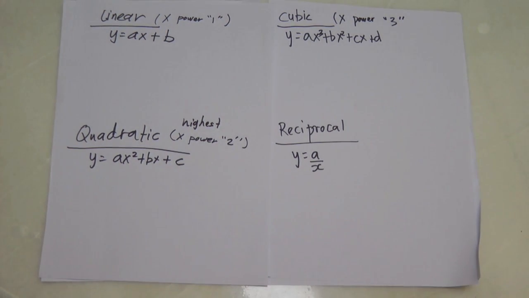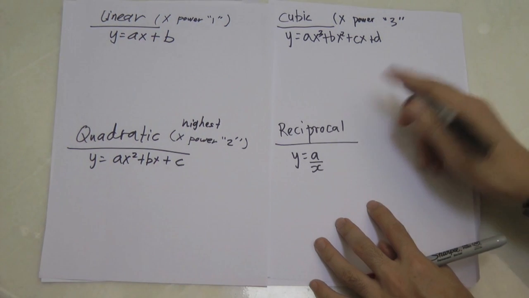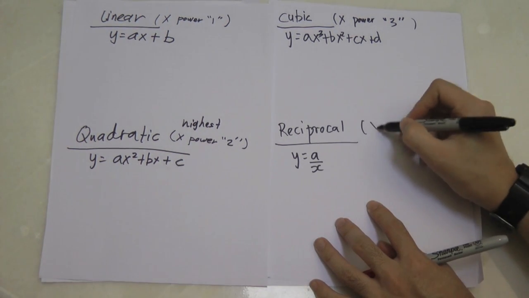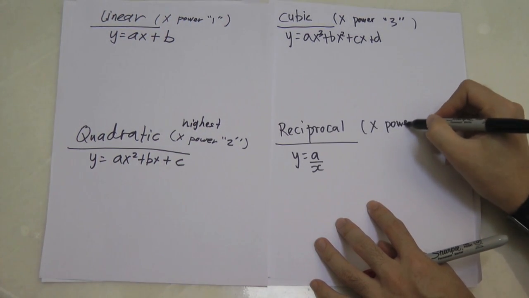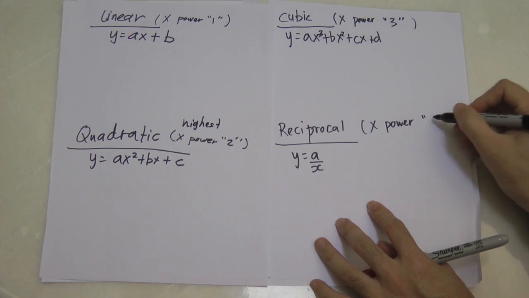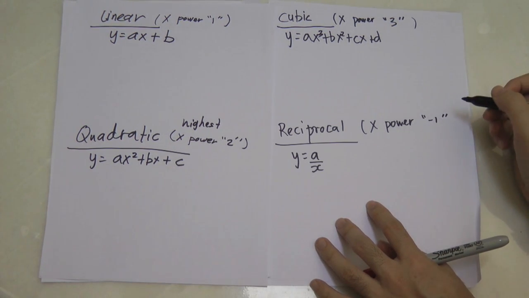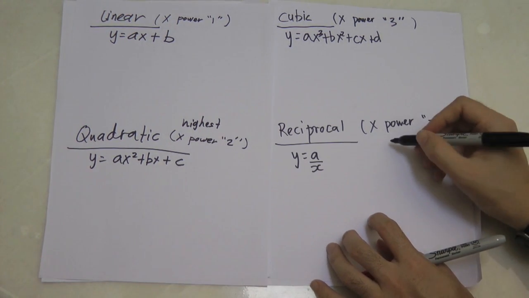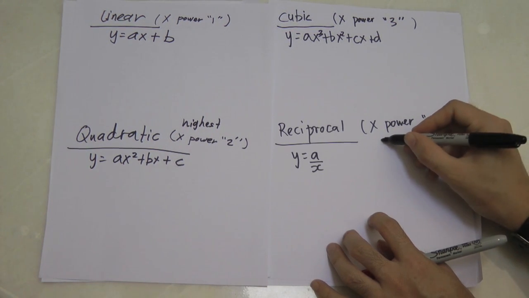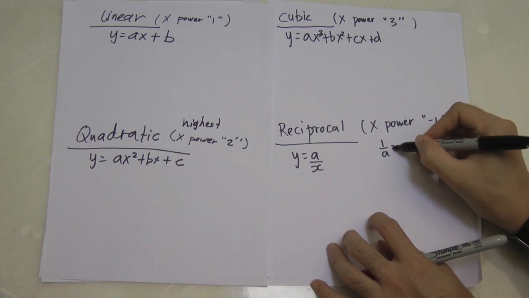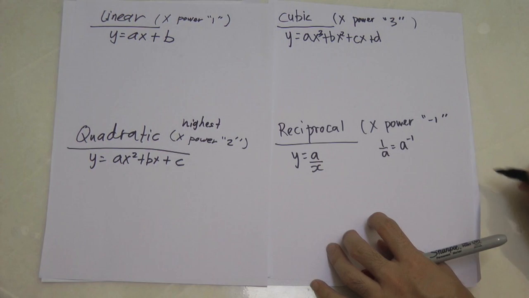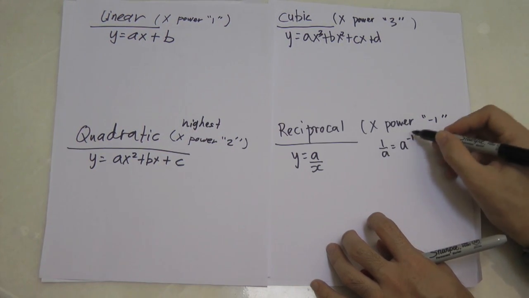If you learned about integers before, we know this is called x power of -1, because in integers if we have 1 over a, we call it a power of -1. So 1 over x is x power of -1.